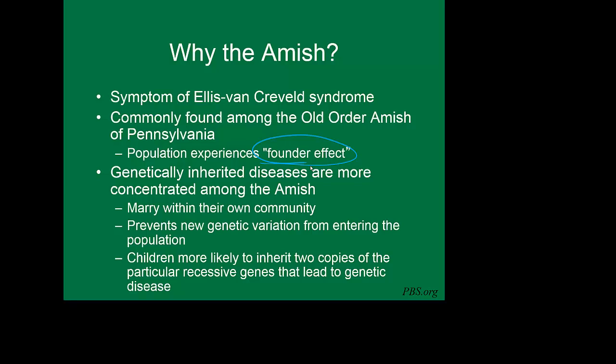A few founding individuals of this community had rare alleles. Those rare alleles are now much more prevalent in the new population because it's maintained. We have many individuals expressing those rare alleles, and when they marry, those rare alleles continue to be expressed. And now we have children inheriting 2 copies of a recessive gene that can lead to genetic disease.